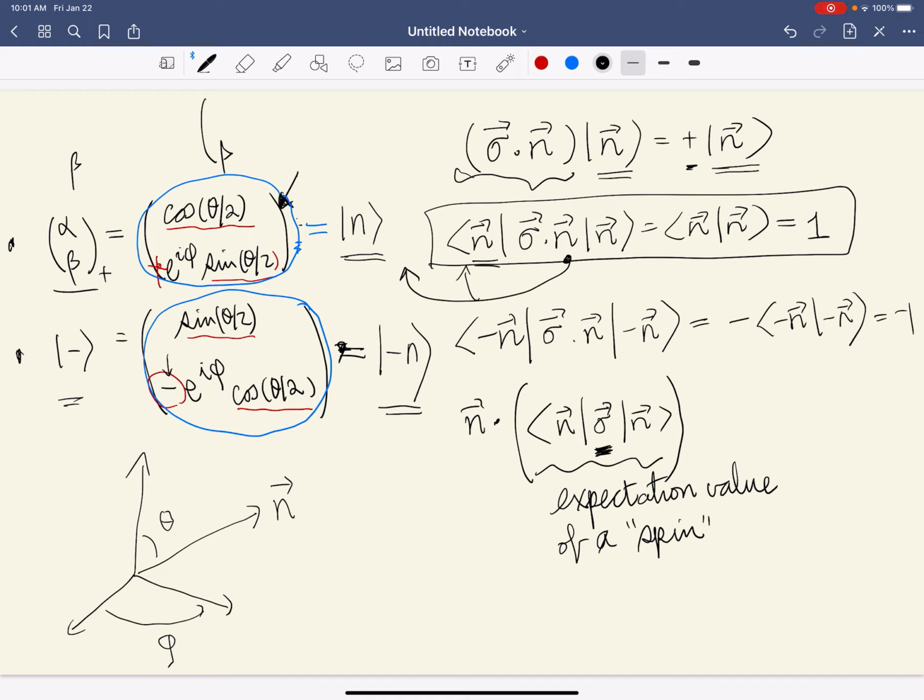And the fact that this expectation value of the spin orientation has the overlap with the unit vector n, which is 1, means that, well, this part is kind of an interpretation, but this expectation value is really just parallel to this classical vector n.